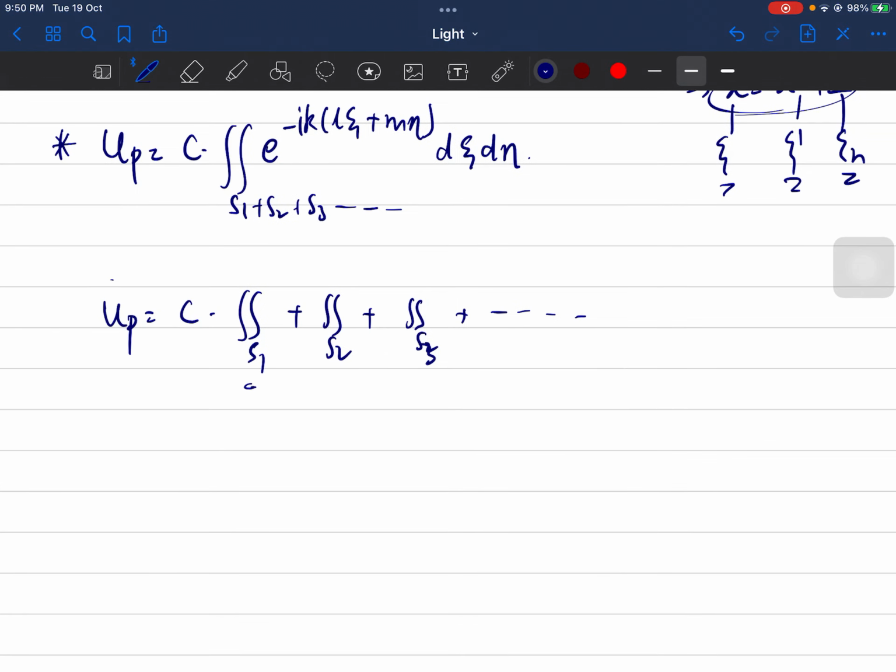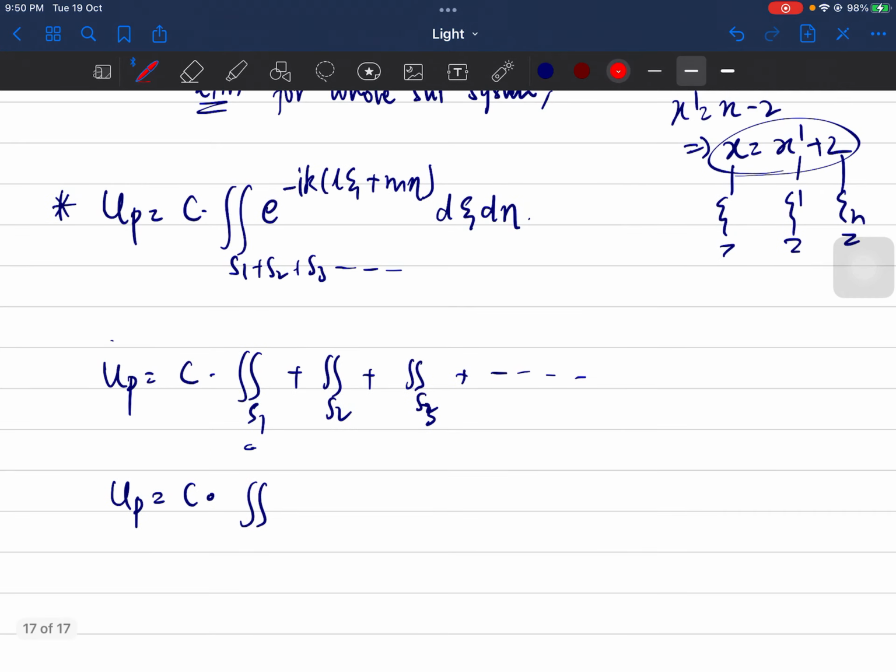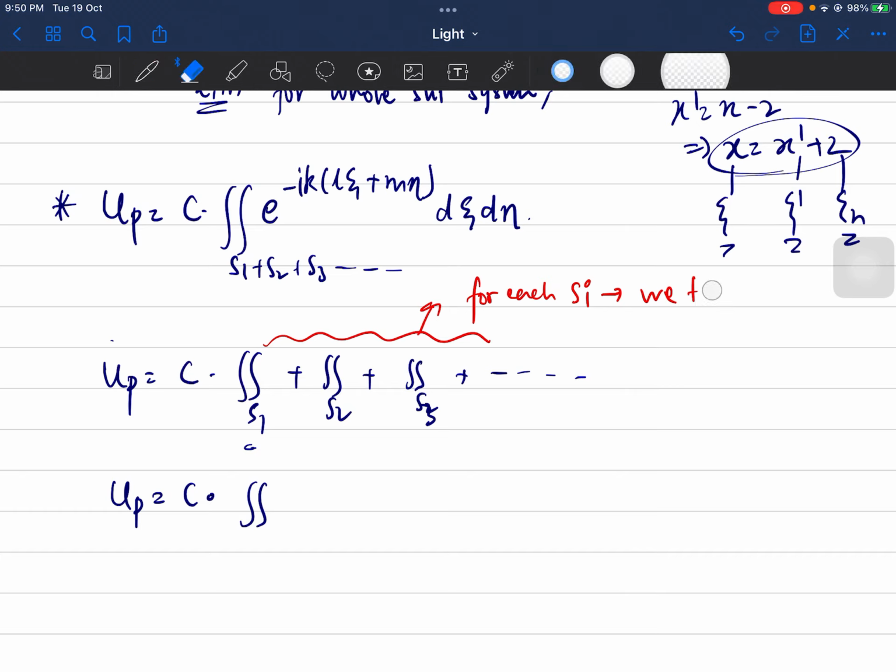It is basically that. UP is equal to C times integral. We transform for each Si. We substitute rather.